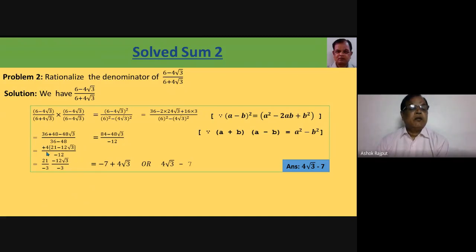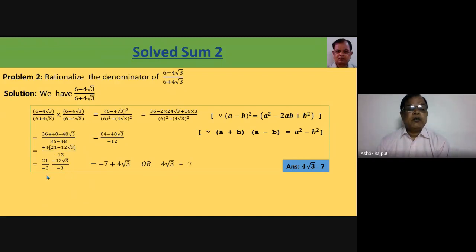Having taken 4 common, here will remain 21 and here 12 minus root 3. Now it is possible to cancel: 4 threes are 12, we have cancelled here. 4 ones are 4, 4 threes are 12, and divide both terms by minus 3: 21 by minus 3, minus 12 root 3 by minus 3.